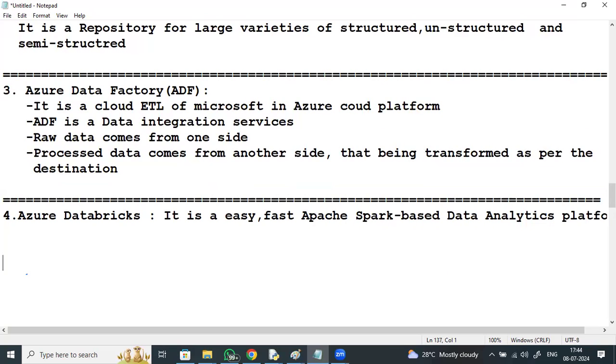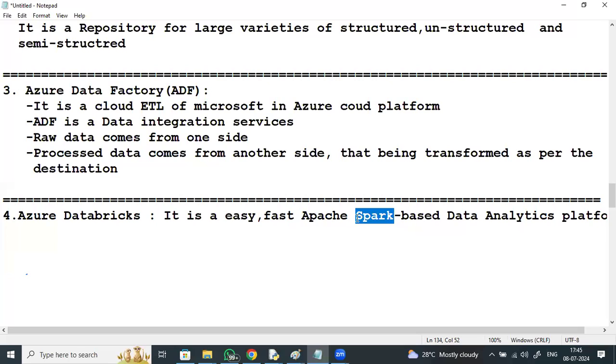There is a lot of discussion on this Databricks. You asked, what is Apache Spark based? Spark is a very high speed processing technology.